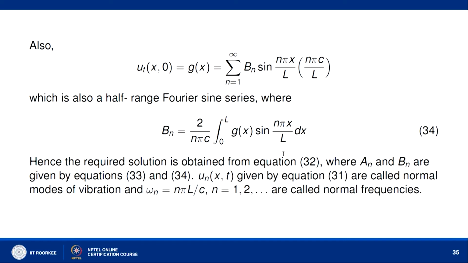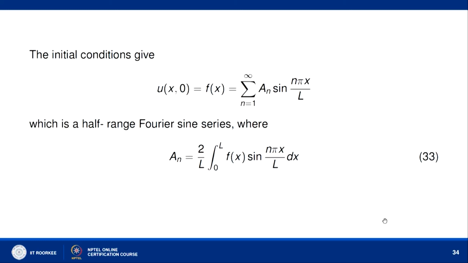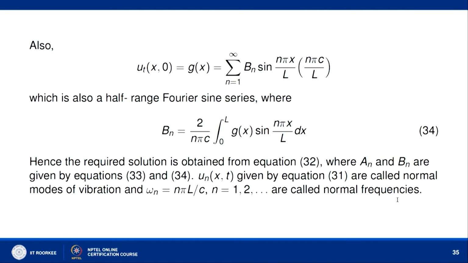So, once we have a n, b n given to us, we can write down the solution for this finite string problem as equation 32. Here the u n of x, t given by equation 31 are called normal modes of vibration, and the corresponding frequency omega n equal to n pi c by L is called normal frequency.